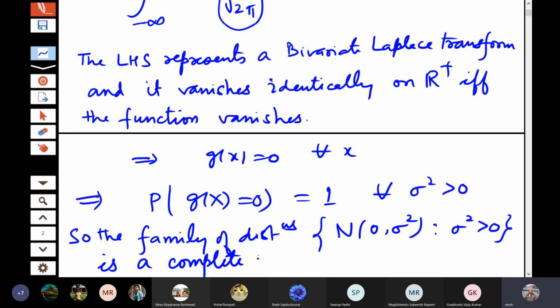Now let us come to the complete statistic in these problems. For example, let me take this normal distribution problem: normal mu 1, normal 0 sigma square, etc. Which statistic will we be interested in, that it is complete? Generally you have already seen the identification of the statistics in each problem because you have done maximum likelihood estimation.